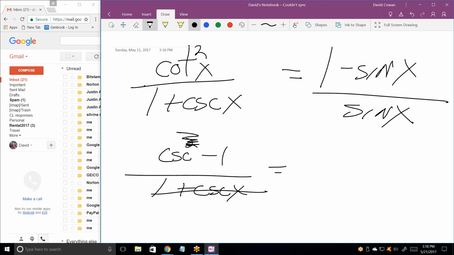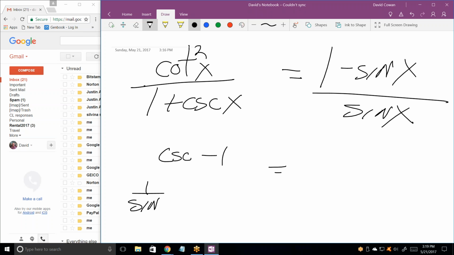Okay. Now, can we turn it into this on the right side? That's relatively straightforward. Well, cosecant is 1 over sine minus 1. Get a common denominator. It's sine. It's 1 minus sine x.